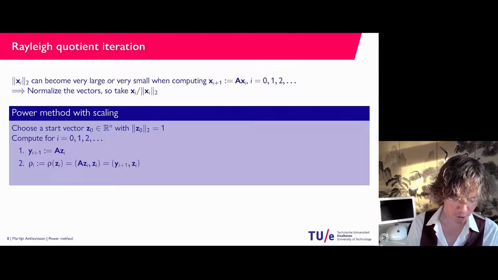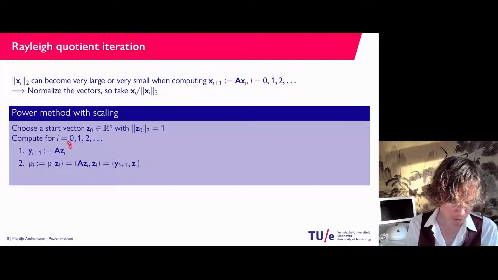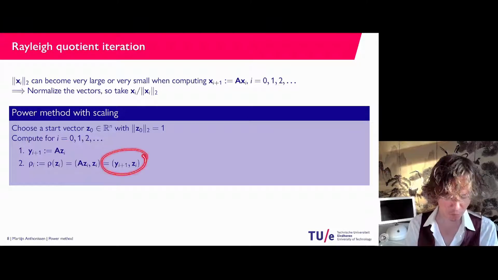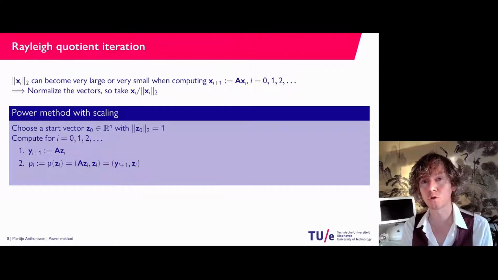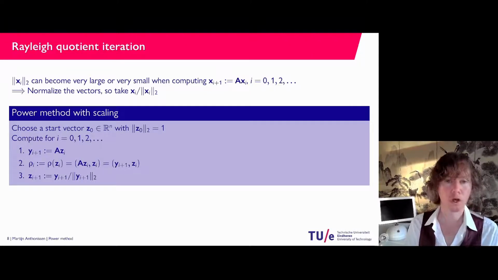We compute the Rayleigh quotient, that's A z_i with z_i, and I don't have to write divided by (z_i, z_i) in between brackets, because that is 1. So I can forget about that. A z_i is called y_{i+1}, so I just have to do this inner product, and that's then an approximation to the eigenvalue. And finally, I do the scaling.